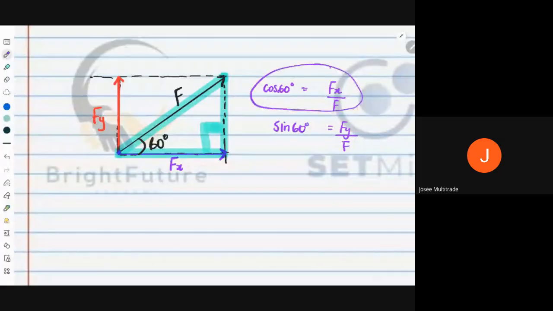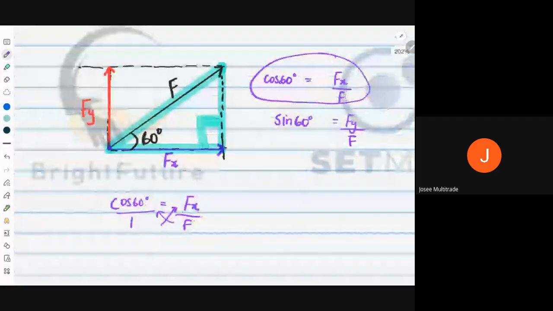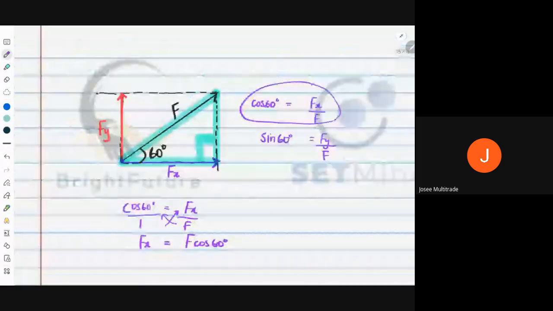So that's how we found cos 60, which is this one. So we take that, we say obviously cos 60 is Fx over F, and then you cross multiply because this is over 1, right? You cross multiply, and then what you get is Fx is simply F cos 60. Then from here you can substitute. We are given that F is what? 250 newtons.